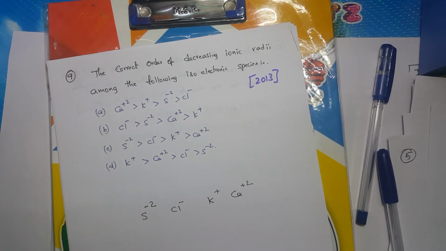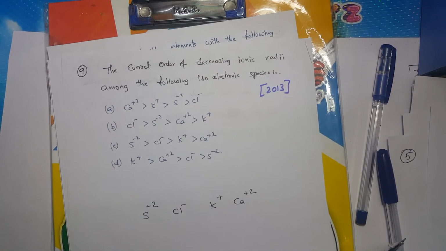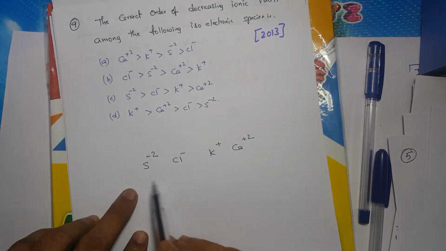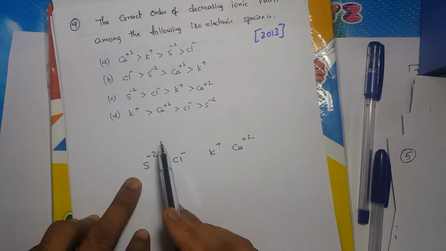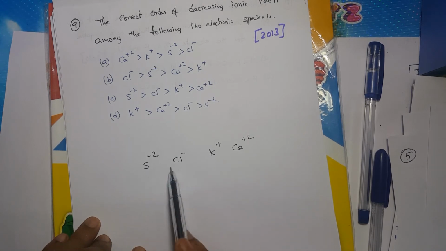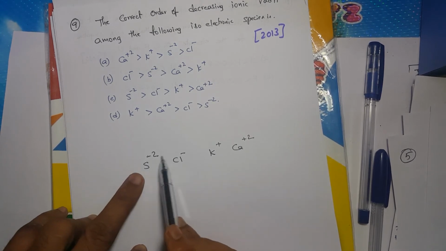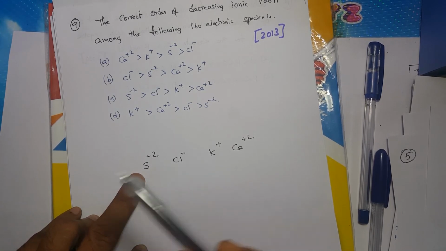So see this first one. Always anions are bigger. That's why we separated the anions first. They are asking decreasing order, so we have to start with the bigger. Always the anions are bigger than the cations, so this one is bigger than this one. In the case of anions, the greater the charge, the greater the size.